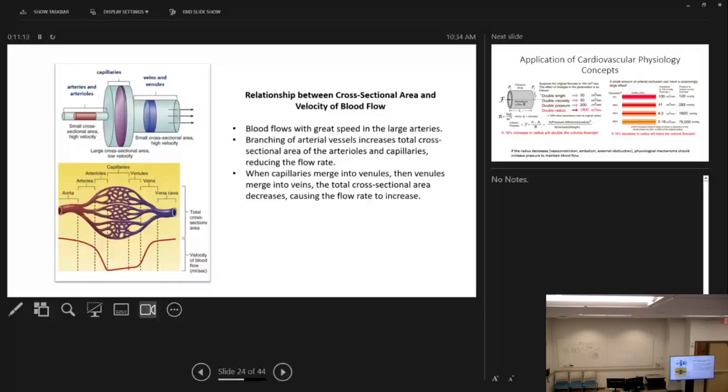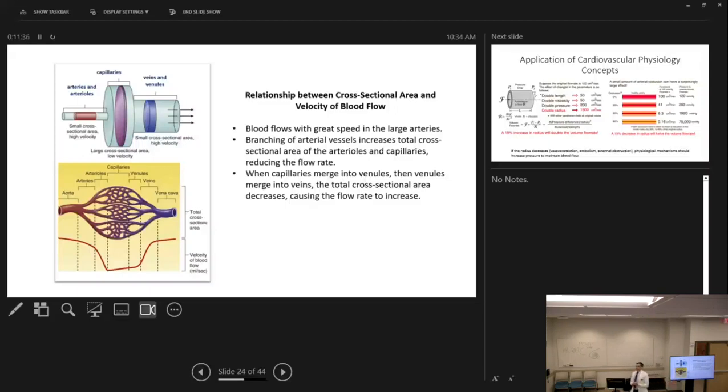It lowers in the capillaries, and then when those capillaries start joining to form venules, the blood flow velocity starts increasing. Because the objective of all this is that the amount of blood that enters the heart matches the amount of blood that goes out of the heart.